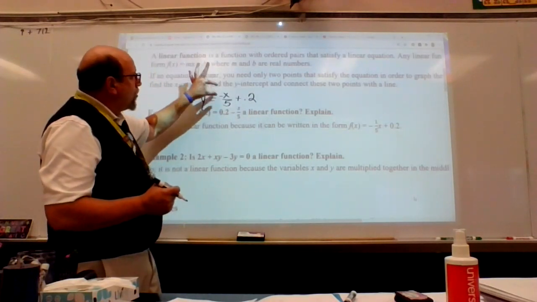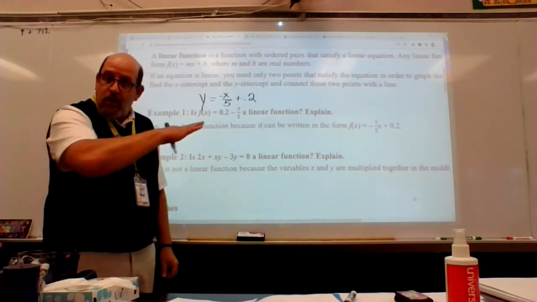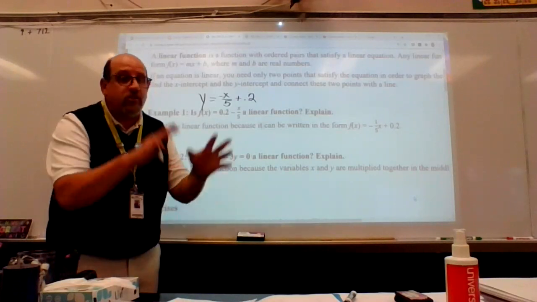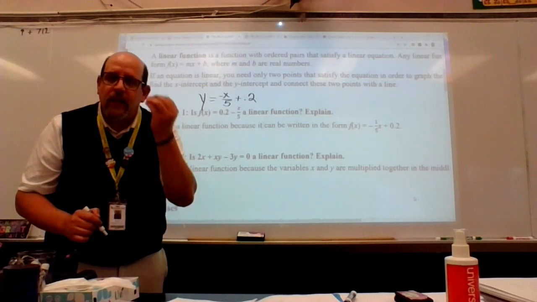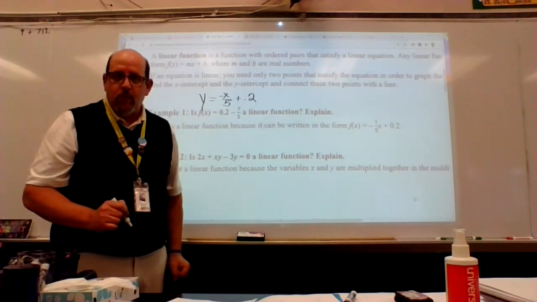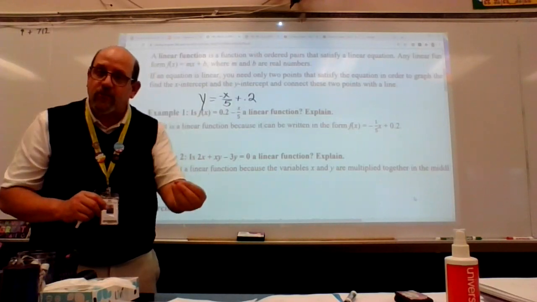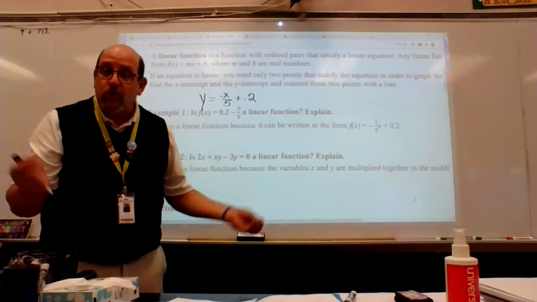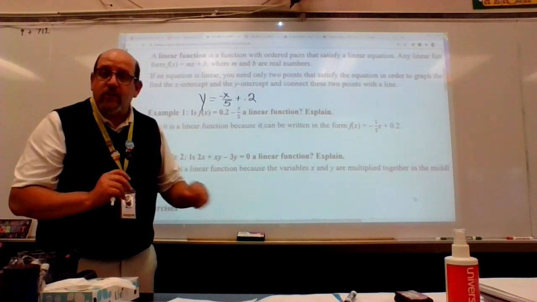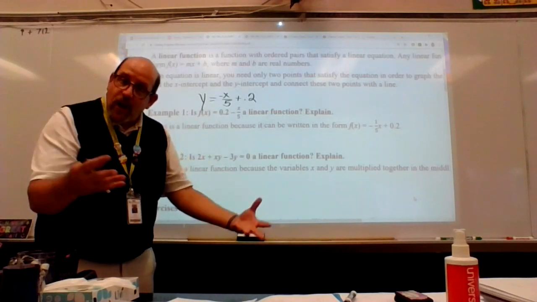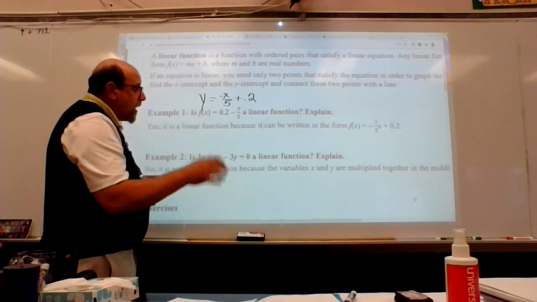As long as your x is not in the denominator, and you can write it in this form somehow, then you definitely have a linear function. I'll repeat. As long as the x is not in the denominator, you have a linear function. As long as your x is not being multiplied by y, or your x is in a denominator, then you have a linear function. Both things it's the same thing, by the way, but I digress.